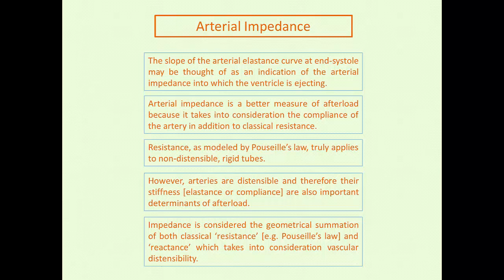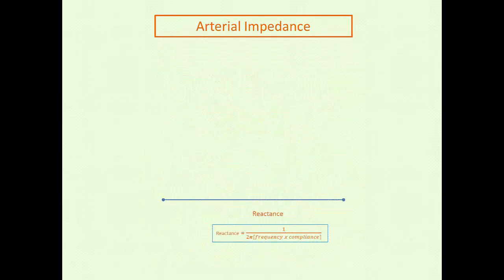This is a surrogate of a surrogate of a surrogate, but that red arterial elastance curve I showed you in the last slide is a summative way of depicting arterial impedance, and impedance itself is considered the geometrical summation of both classical resistance, which follows Poiseuille's law, and reactance, which takes into consideration vascular distensibility. If you think of a triangle, this portion is reactance, which, though clinically unimportant, is inversely proportional to the compliance of the blood vessel.